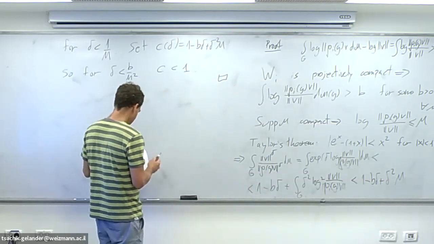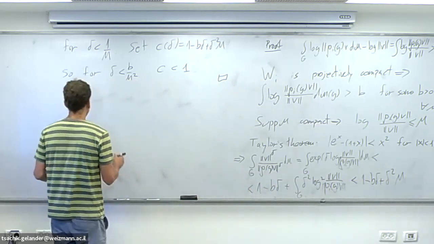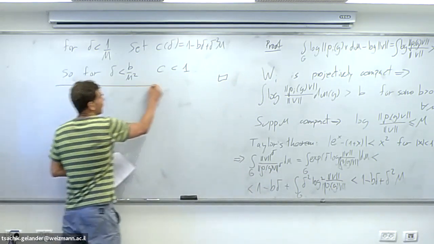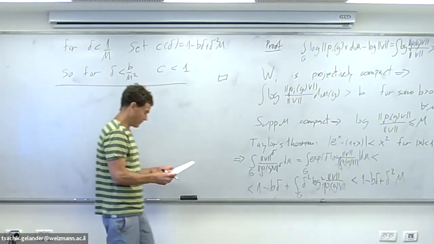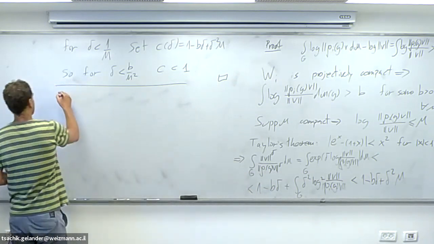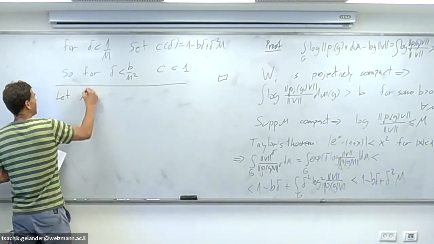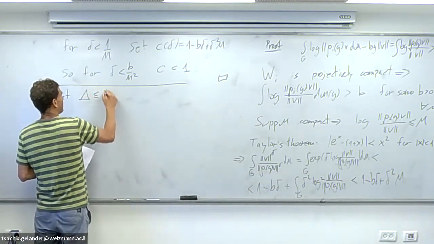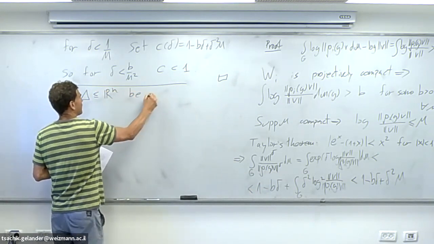So, some notation. Okay, so we will construct this on the space of lattices. Let delta inside R^n be a lattice.